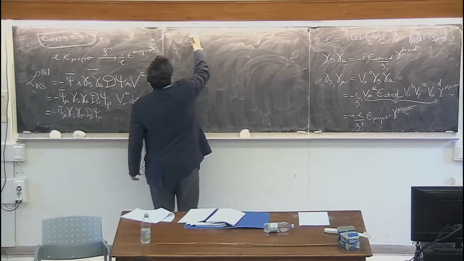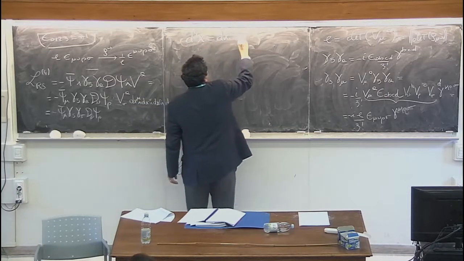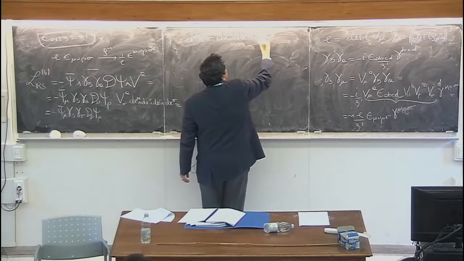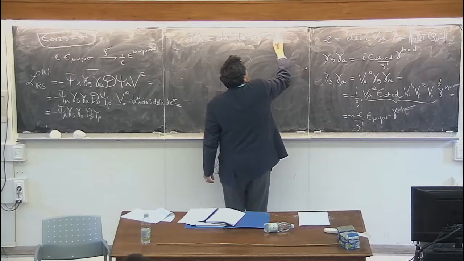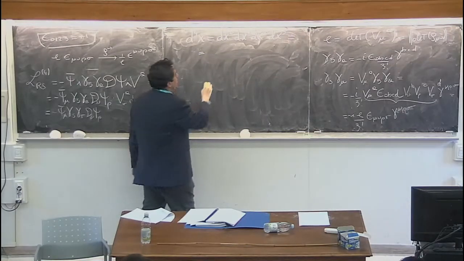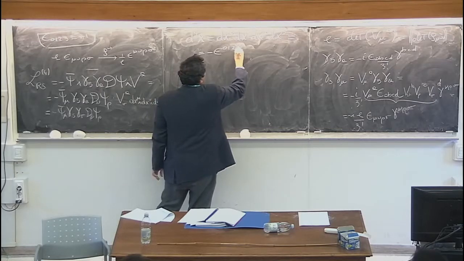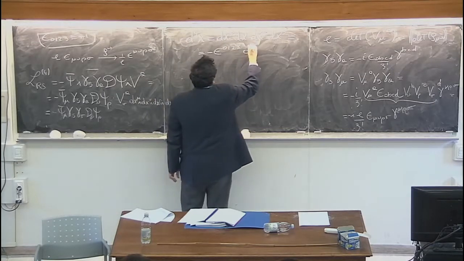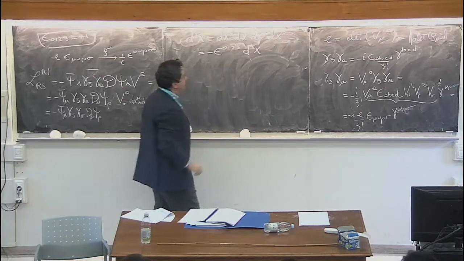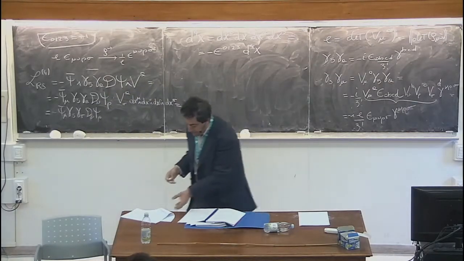We define d4x as dx0 dx1 dx2 dx3. But that is equal to epsilon with a minus 0, 1, 2, 3 d4x. Because remember, 0 with the upper indices is minus 1.